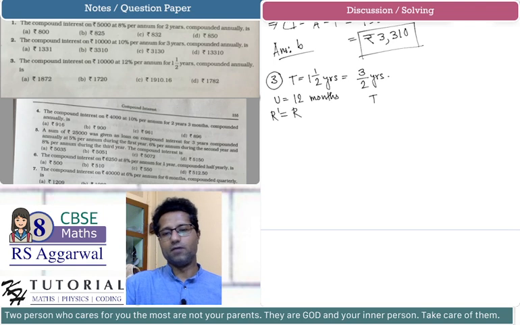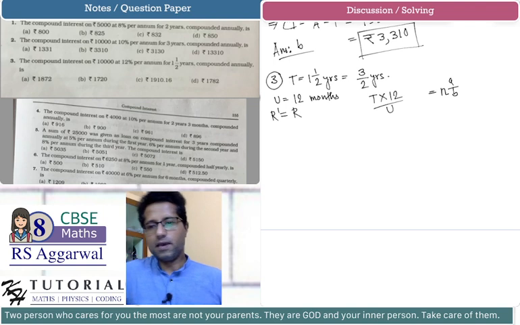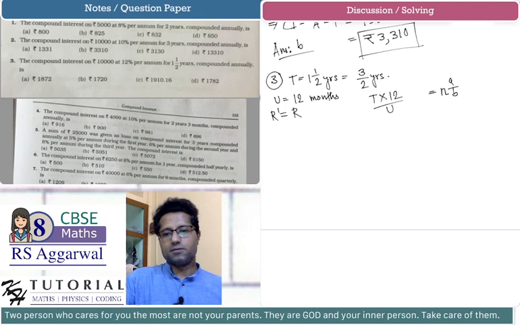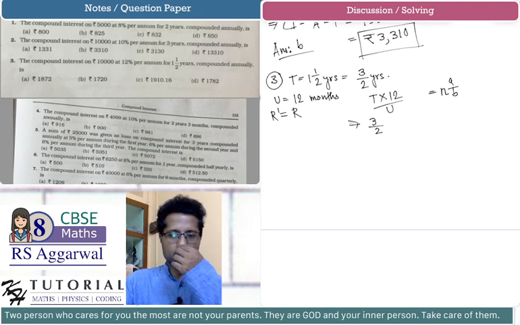We need to find the value of n and the fraction a by b. We will get them from T multiplied by 12 divided by U. When expressed as a mixed fraction, it should be n and a by b. Now what is T multiplied by 12 divided by U? T is 3 by 2. T is in years and U is in months, so we multiply by 12, and U is 12.